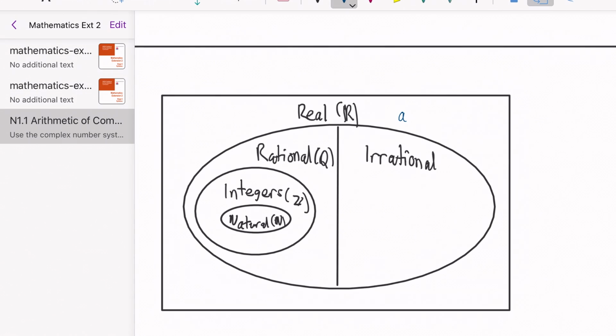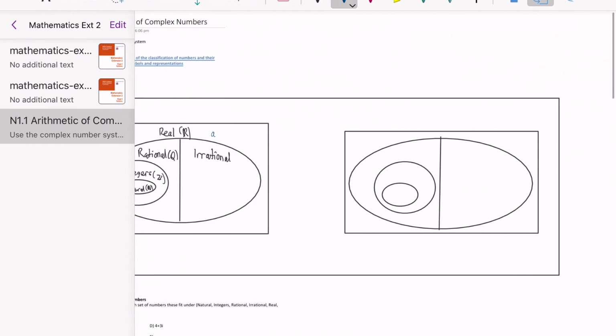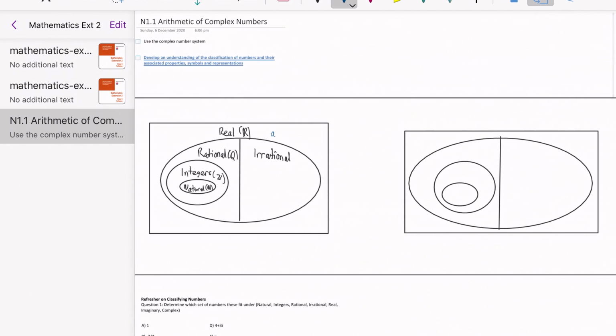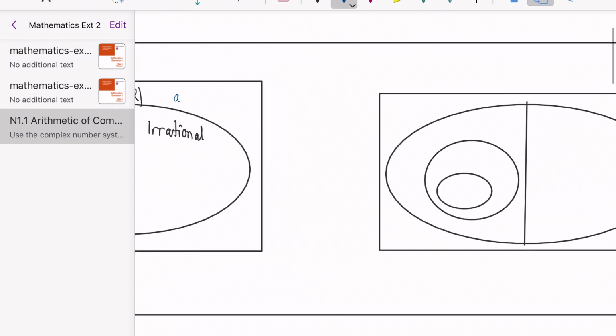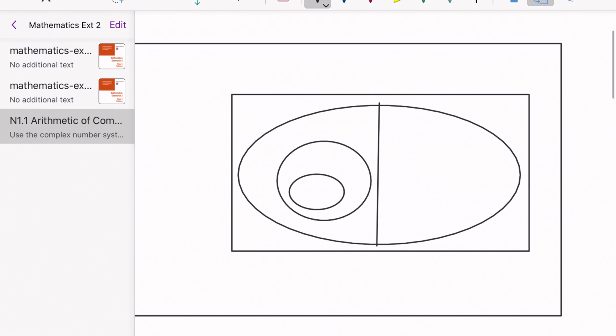Up until now, all of your maths has been involved in the real numbers. But there's a whole other side of mathematics which we have not yet explored. If we expand this out, we will find another set of numbers. These numbers are the imaginary numbers. And they consist of the same subsets as the irrational and the rational.